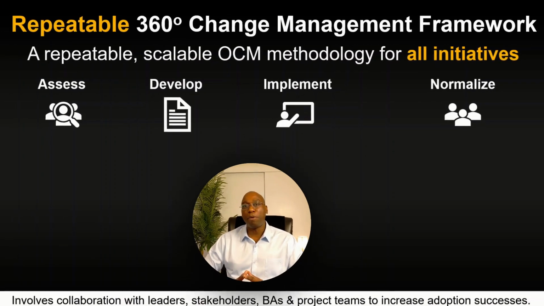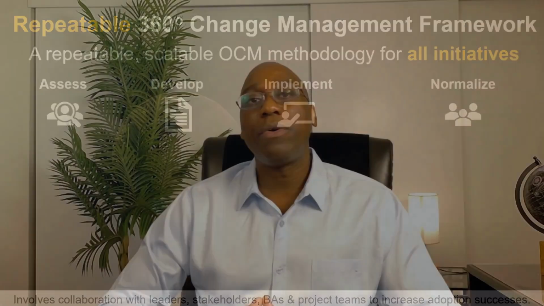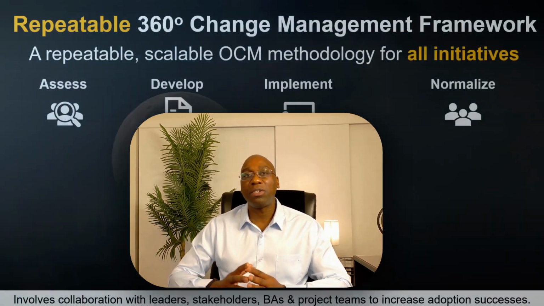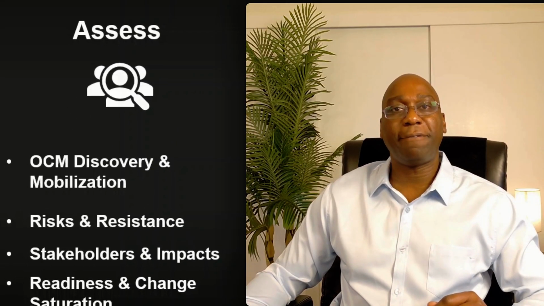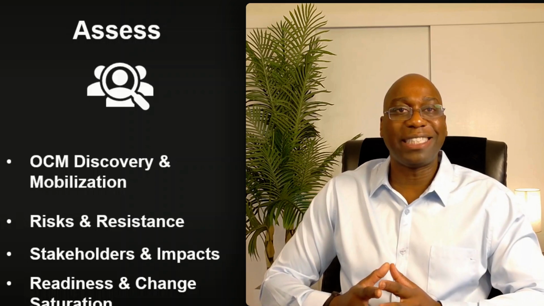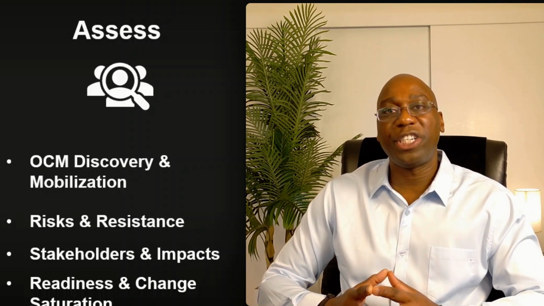It is a repeatable methodology, meaning that change managers within your organization can all apply this methodology to any type of change project, whether that is AI, ERP, CRM, organizational culture change, process reengineering, M&A, or any type of business transformation.